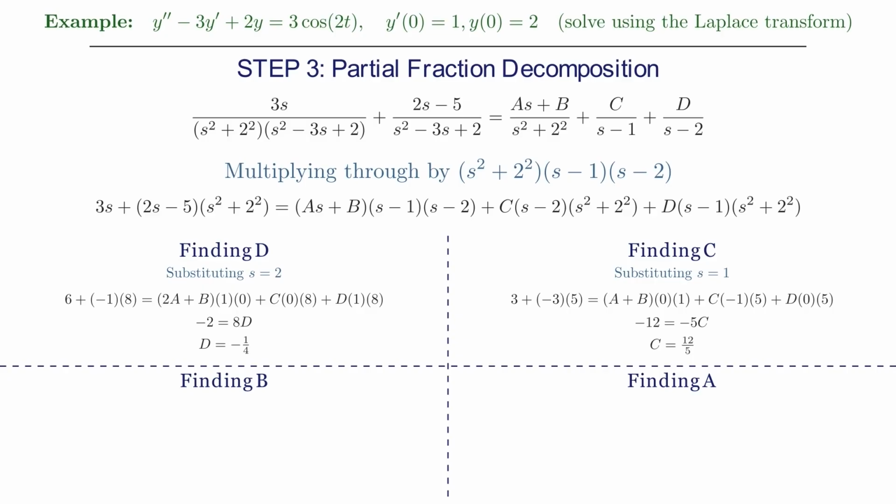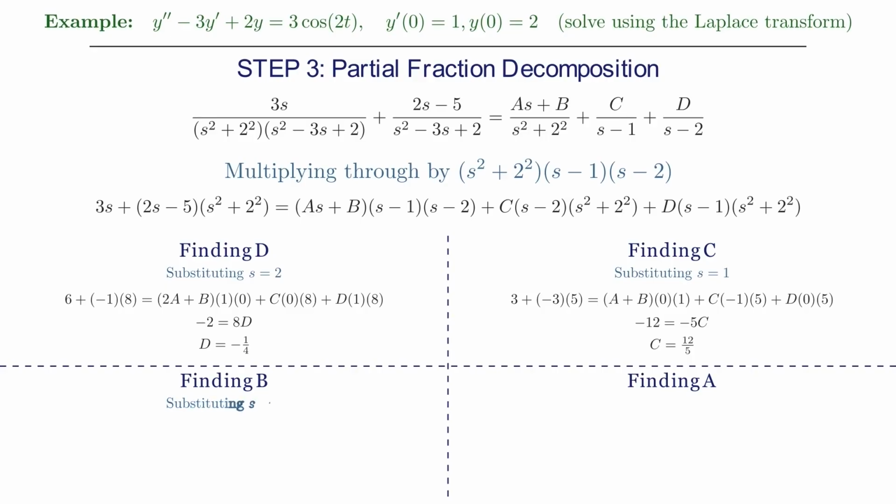So next I'm going to try and find b. I can't eliminate the a, the c and the d because they don't have any common factors which are not shared by the b. But what I can do here is I now know the values for c and d, so I can substitute those ones in. And if I choose s is equal to 0, then the a is eliminated.